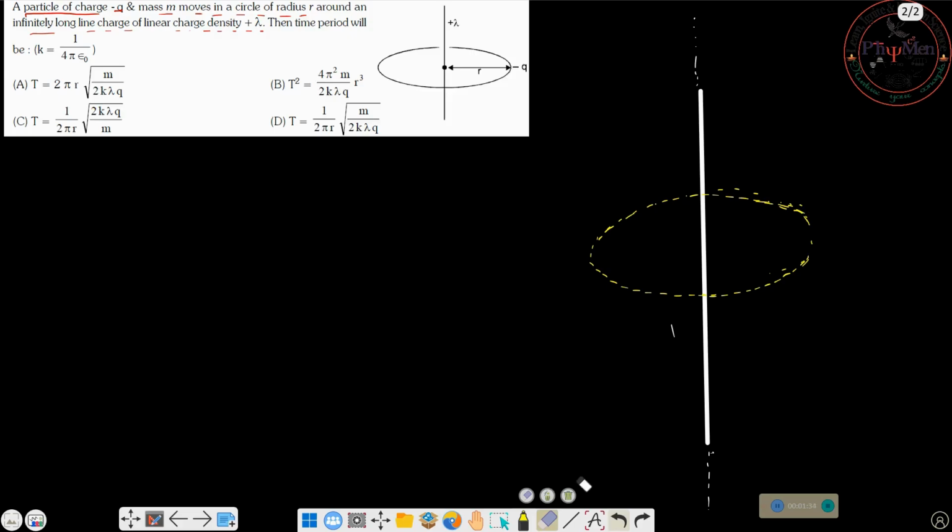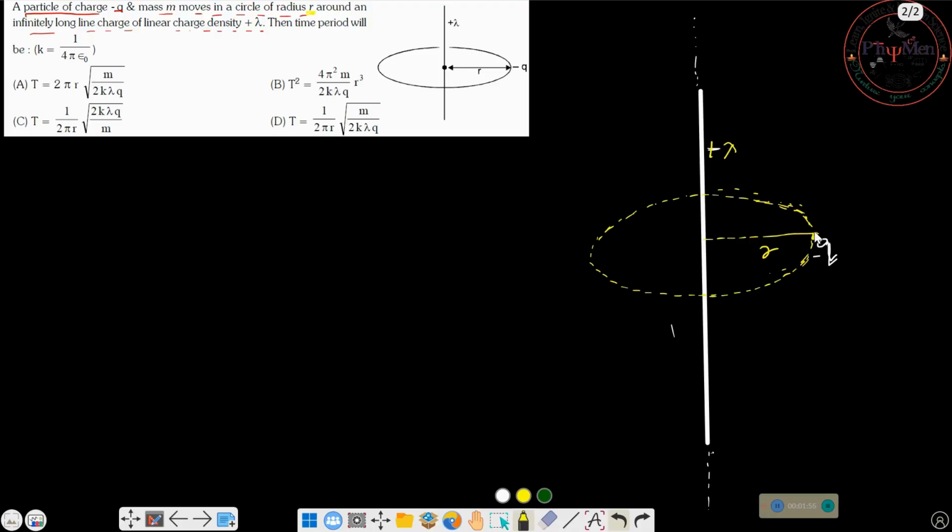Okay, like this. This is the minus q. It is having the plus lambda charge density, at a distance r. It is given r.